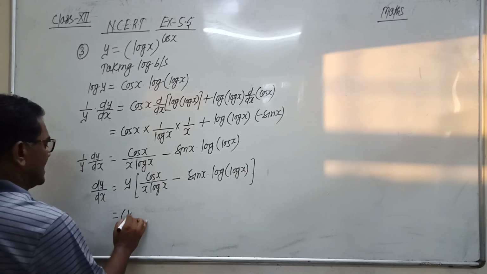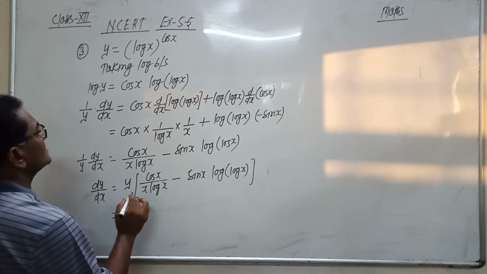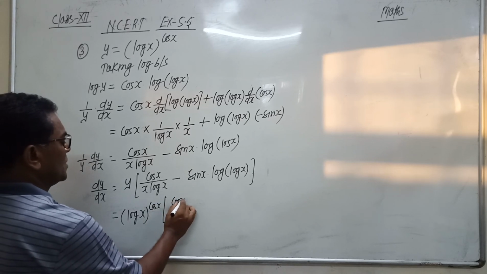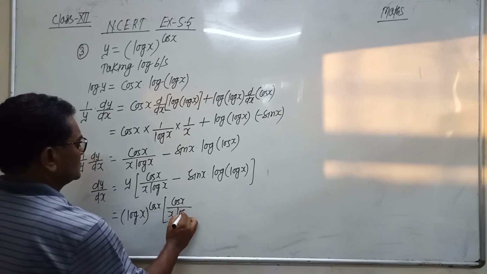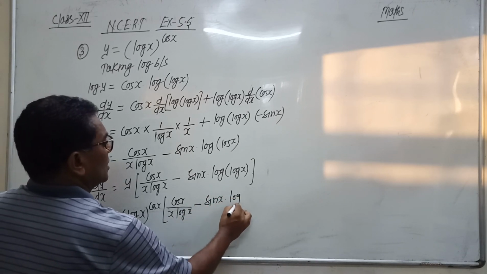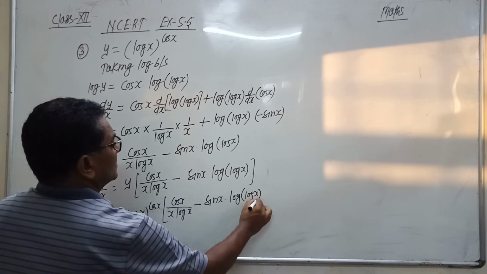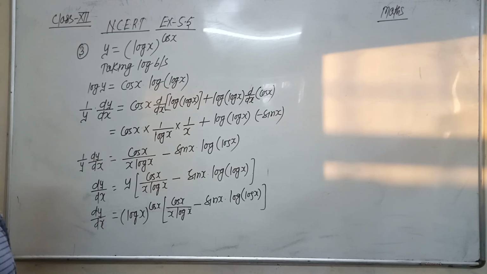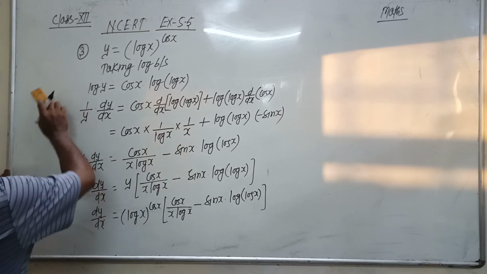So the value of y is log x raised to the power cos x, and cos x upon x log x minus sin x into log of log x. So this is the final result: dy by dx equals log x raised to the power cos x, bracket cos x upon x log x minus sin x into log of log x.